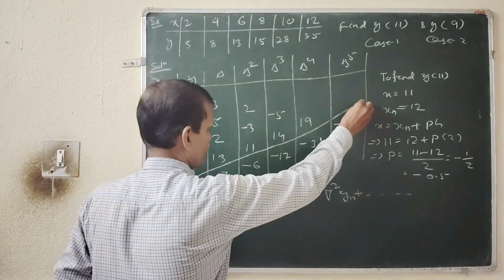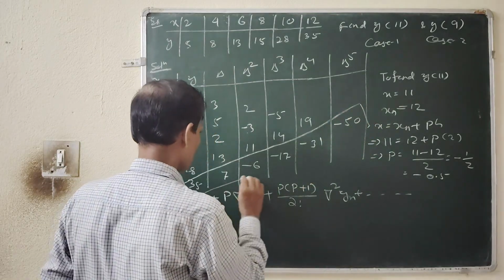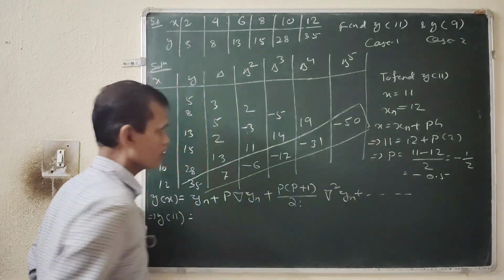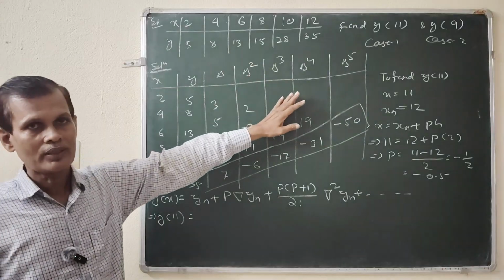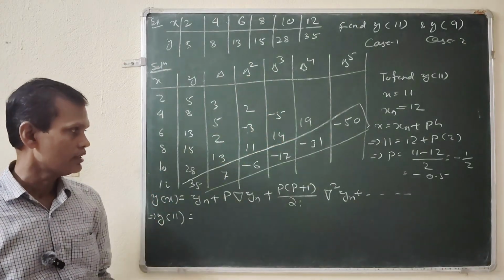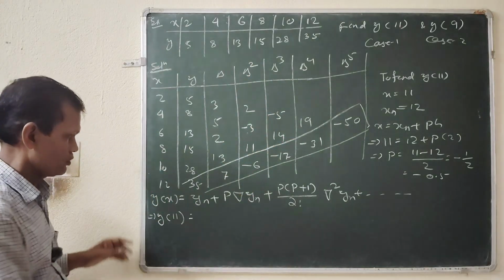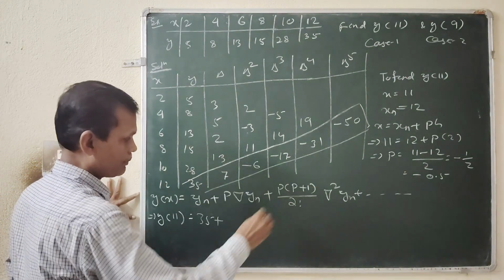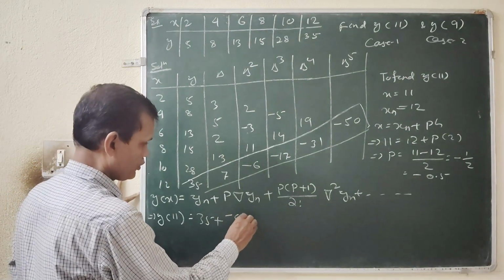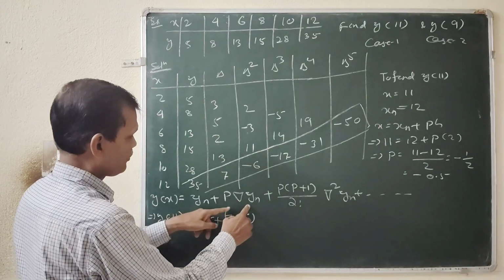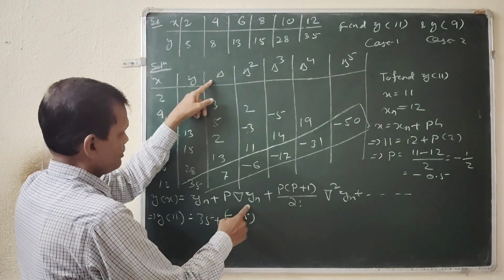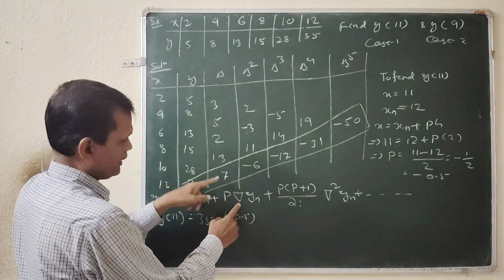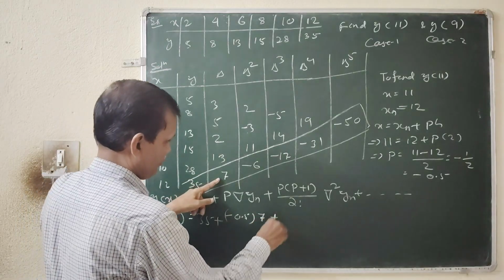So when we use the Newton's backward interpolation, we formulate the forward difference table, but we use the data from the last. So yn is 35 plus p we have calculated, that is minus 0.5 into backward delta yn, means last data, that is 7 plus.